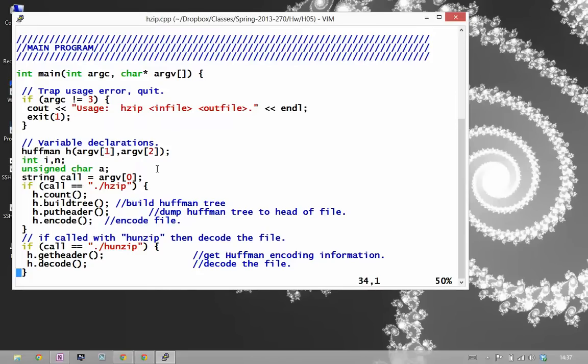Put header is going to rely on your putInt function from bitstream. Remember, I had you write a putInt function that would take an integer and write it out to the file as a b-bit binary representation. And we talked briefly about that.